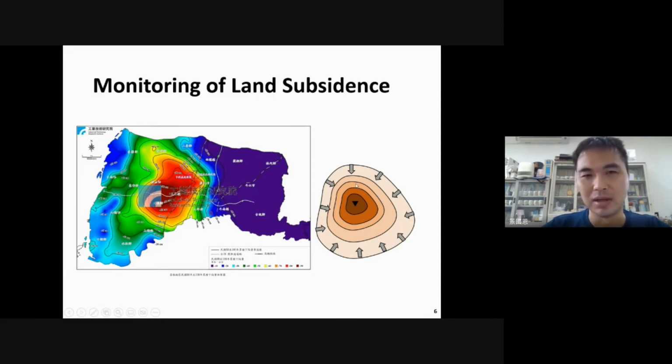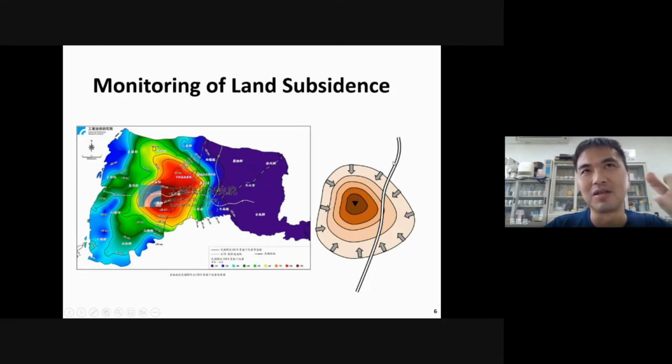Okay, so although it is a point, it causes land subsidence in an area, in a range, in a region. So in this case, once we have a road or a railroad passing through this area, if we want to identify the effects of the land subsidence on this railroad, we could not just identify the vertical deformation along the railroad.